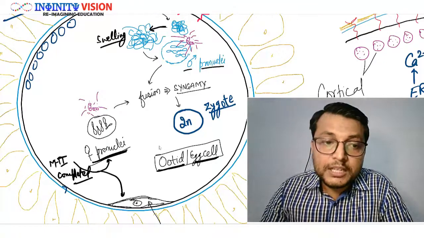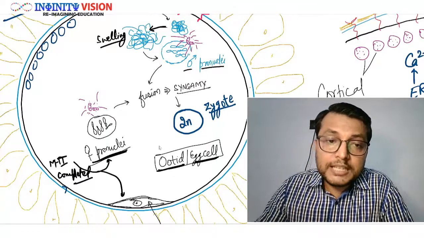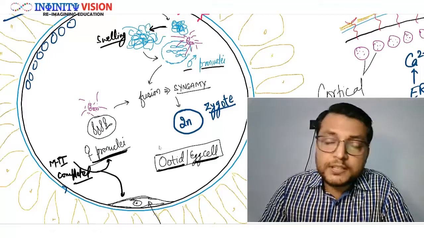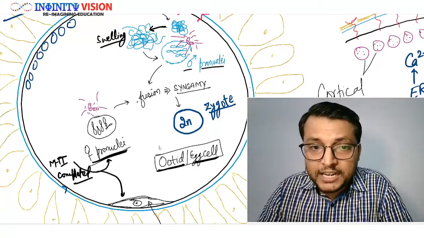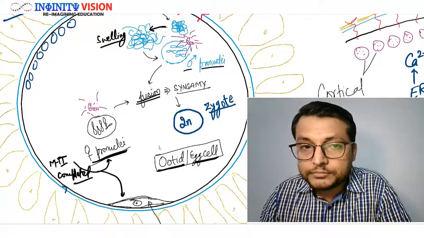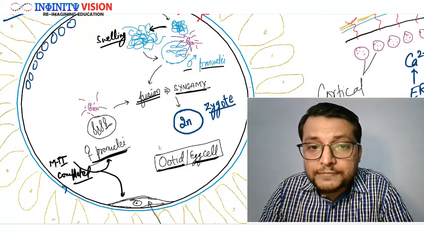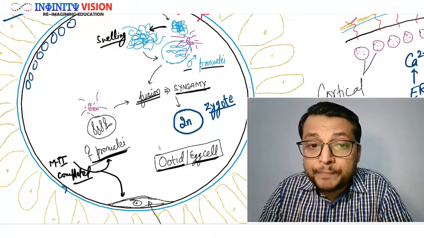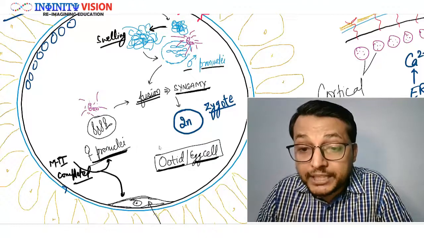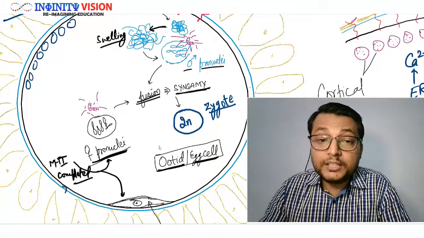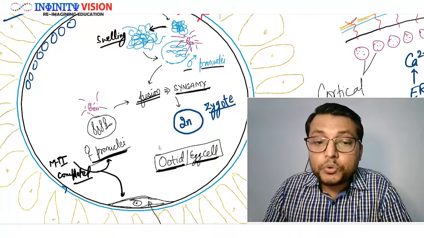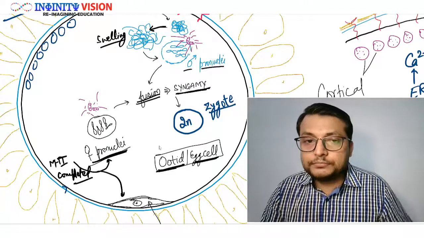Finally, what happens? The male pronuclei advances towards the female pronuclei and fusion occurs. This fusion of male and female pronuclei is called syngamy. Where is it happening? Into the ootid cell or egg cell.